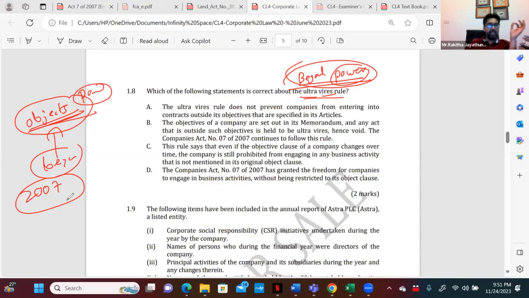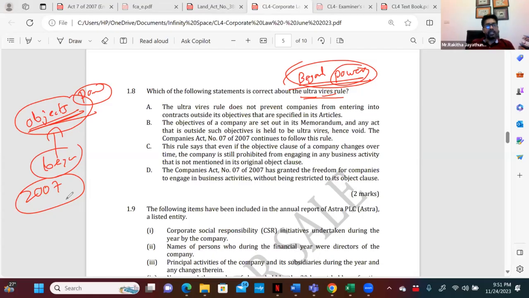It is not mandatory to have objects. If you want, you can have objects. So now there are companies with objects mentioned in the articles of association, and there are a lot of companies without objects because it's not mandatory. If you don't have objects, anyway, you can do whatever you want.